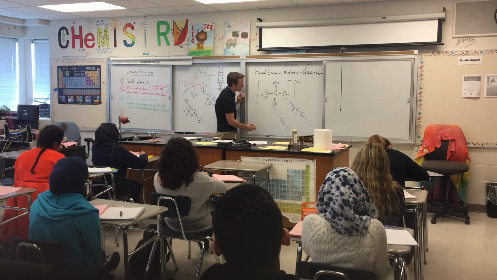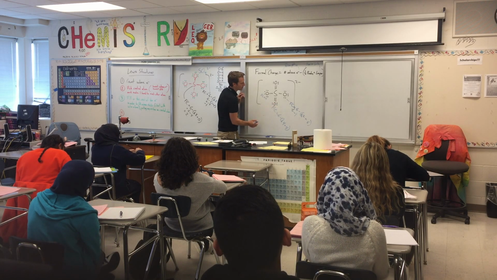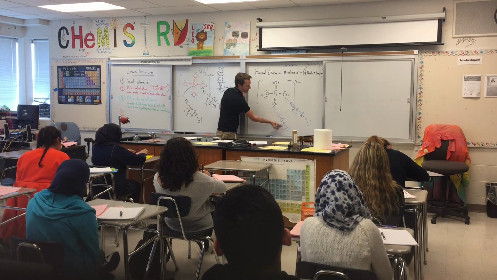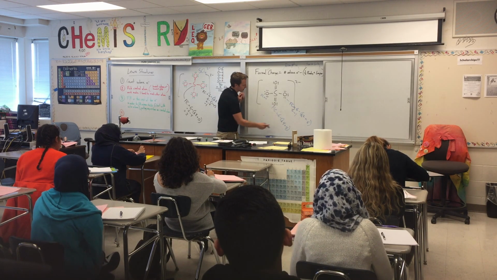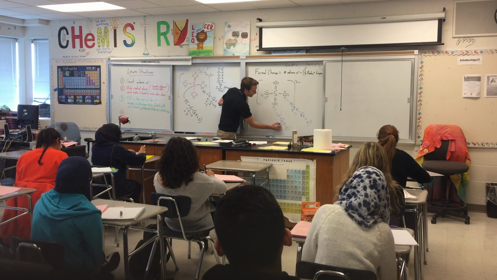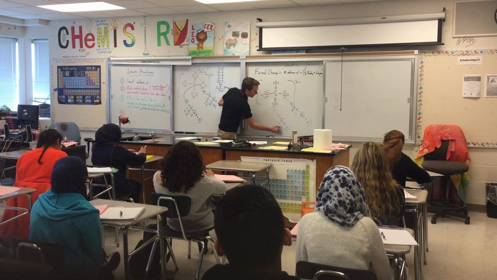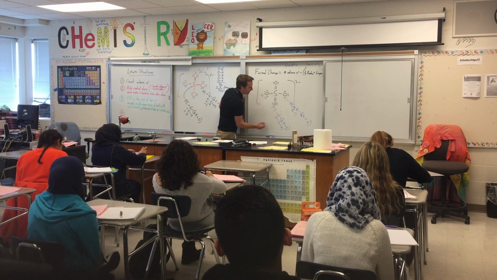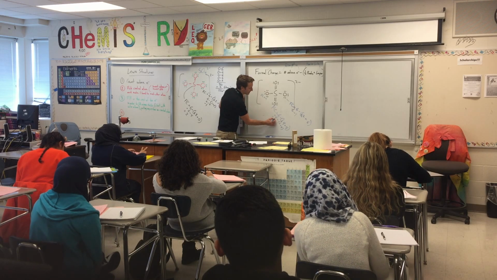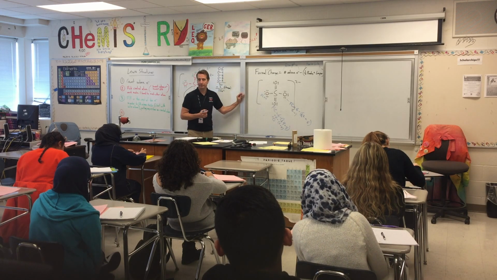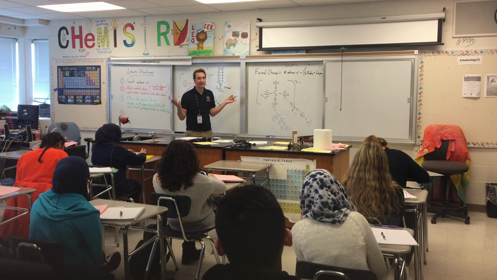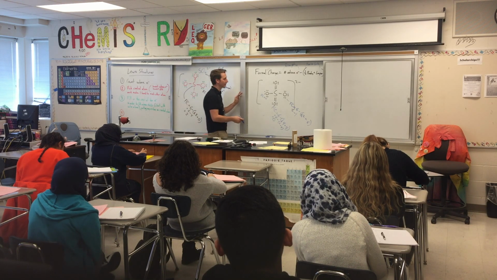Half of 4 is 2, right? And these lone pair electrons definitely belong to that oxygen, so that's my 4 there. So 6 minus half of 4 is 2, plus 4. So it has 6 in the structure. It brought 6 in. 6 minus 6 is a formal charge of 0. So that's good. The oxygen basically has what it started with.